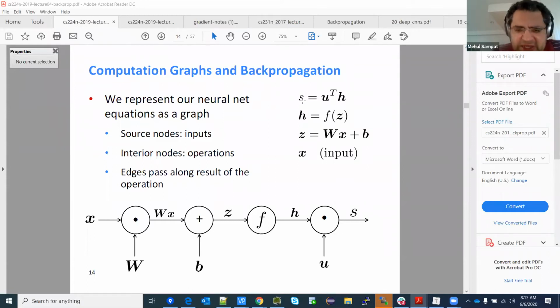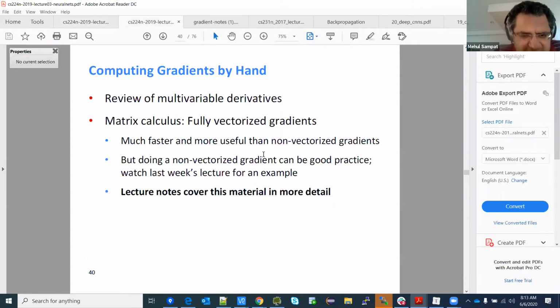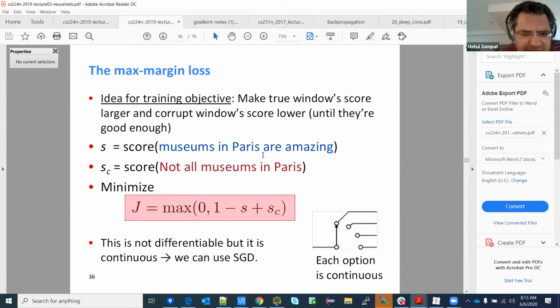I think this is from the previous lecture, where he had that score value. You remember he was doing a score S, for the sentence "museums in Paris are amazing."